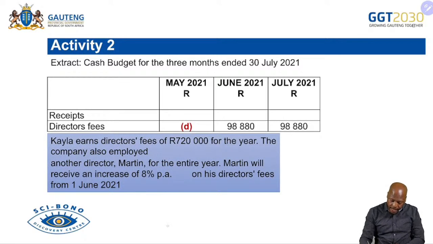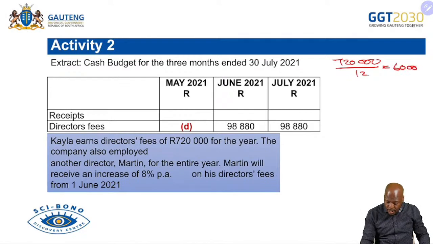So our director here is getting 720,000 for the year. If you divide this by 12, how much are they getting per month? Per month, it's going to be 60,000.